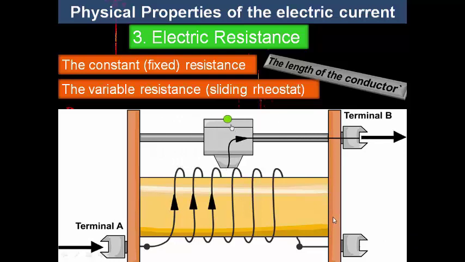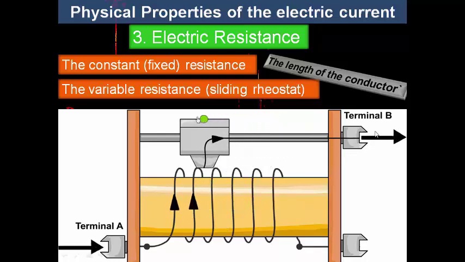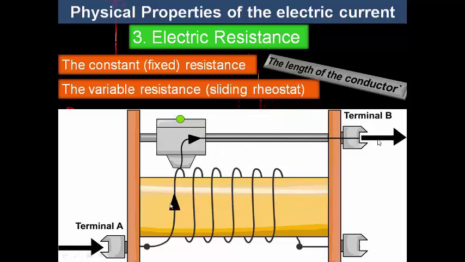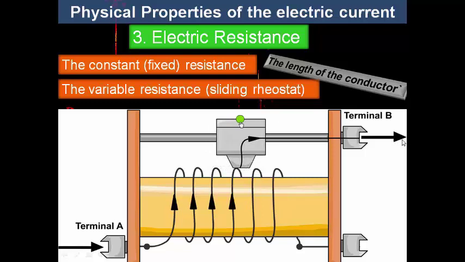As you might see here from the video, when the length of the conductor increases, the resistance will increase and the intensity which is provided in the terminal B is going to decrease. If you pay attention to the video, as the length of the conductor is increased, this arrow is going to be thinner, which means there is less intensity.